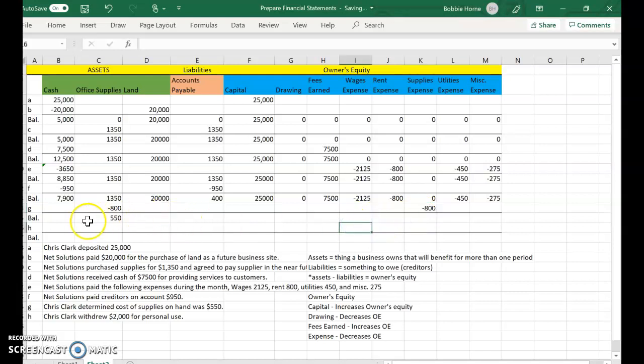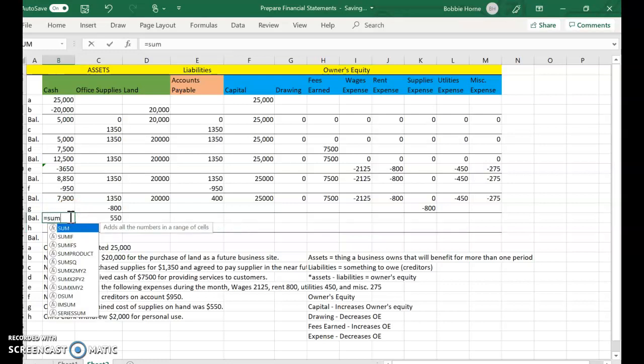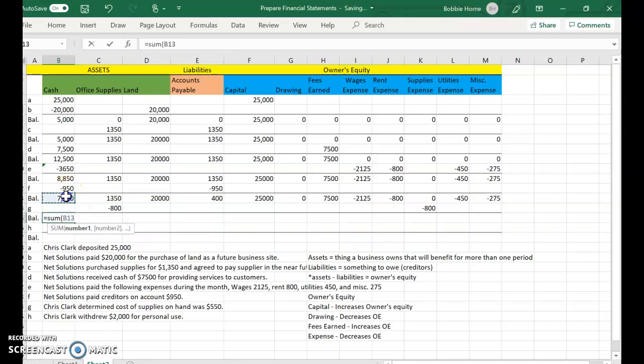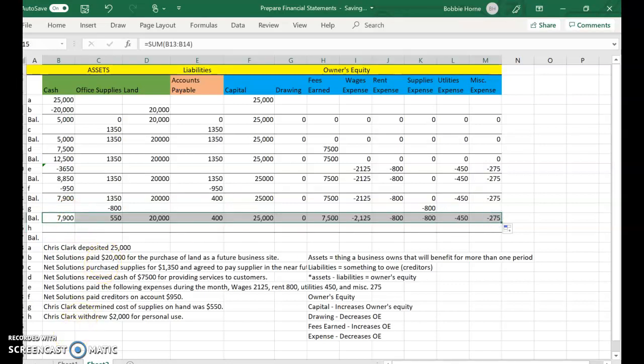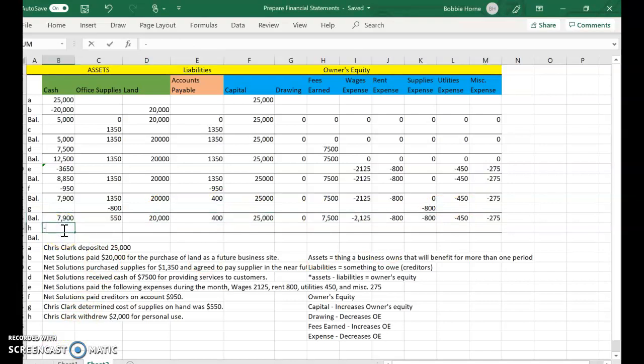So now I deleted some of the cells so we could just calculate the balance across. And for the last one, he withdrew $2,000 for personal use, so cash is going down.